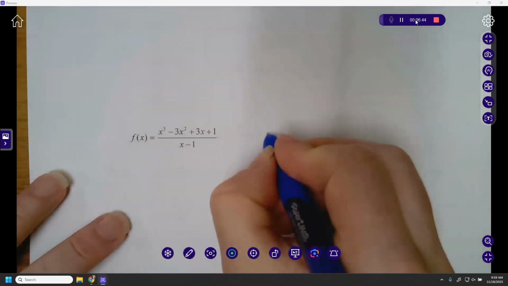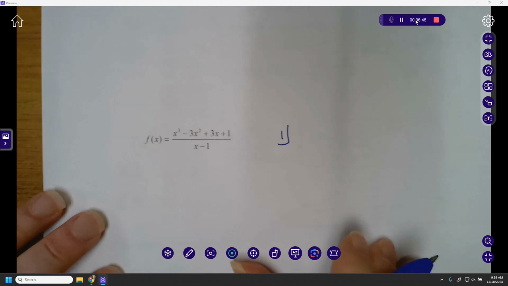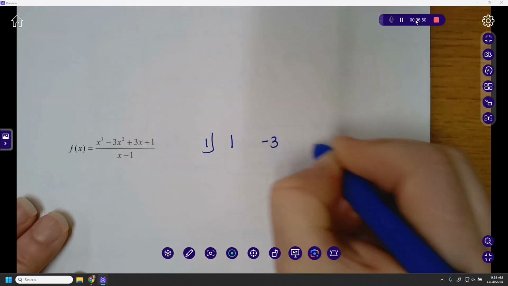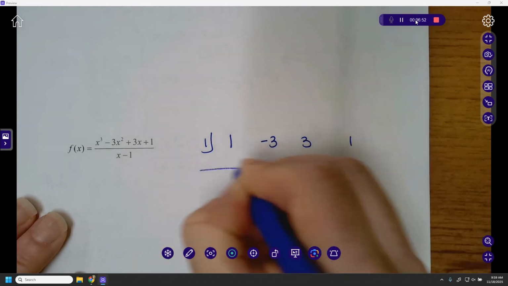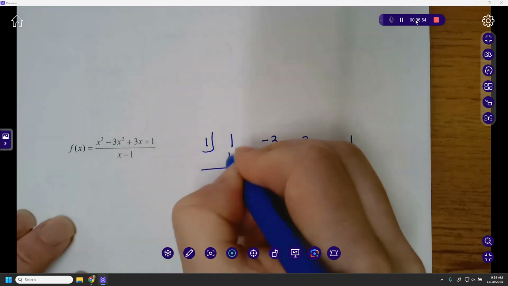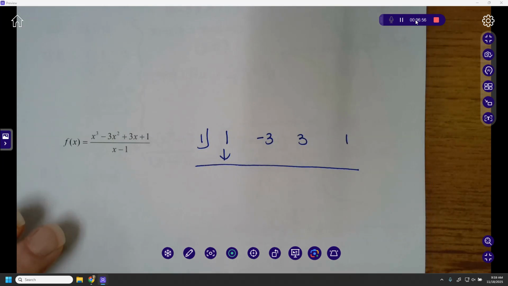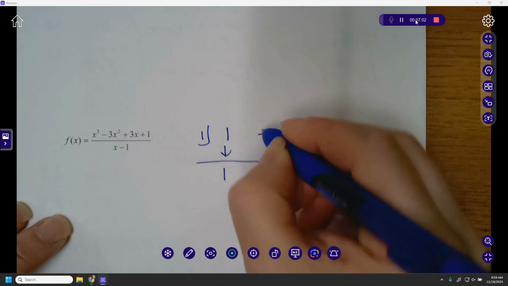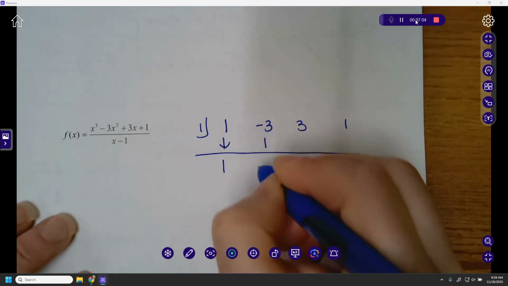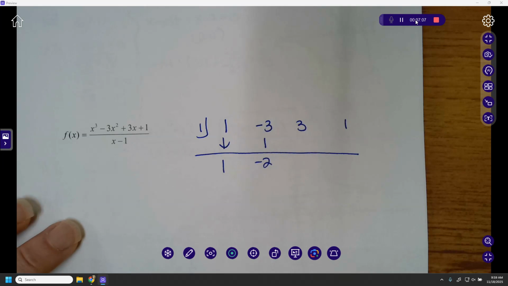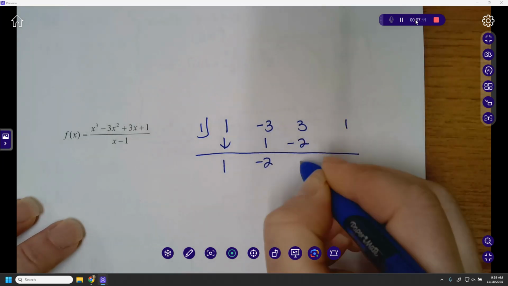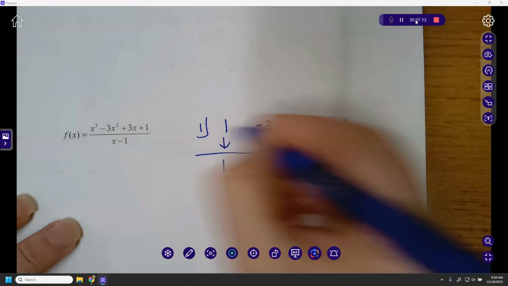So would you do synthetic division with the x minus 1 a minute? So we have a 1, we have a 1, we have a -2. 3 plus -2 is 1. 1 times 1 is 1.